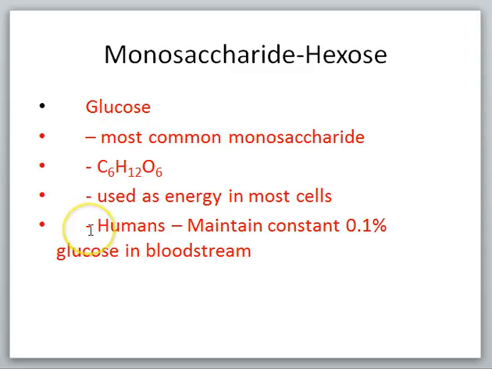And in ourselves, in humans, when a person who's diabetic measures their blood sugar, they're measuring blood glucose. We maintain a constant 1% glucose in the bloodstream. So this is yet another example of homeostasis.